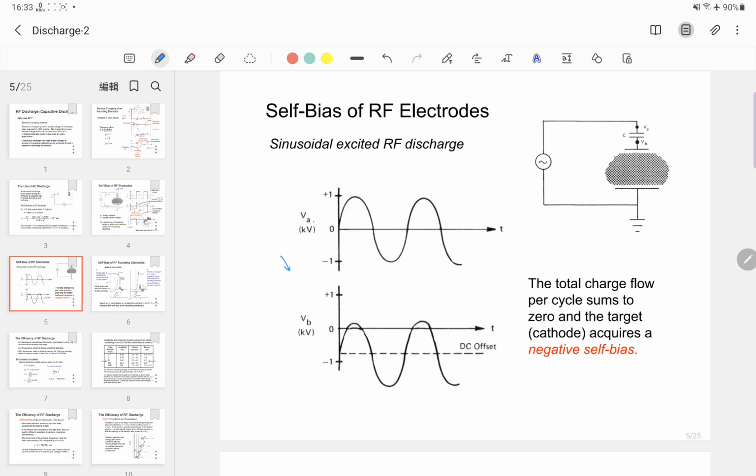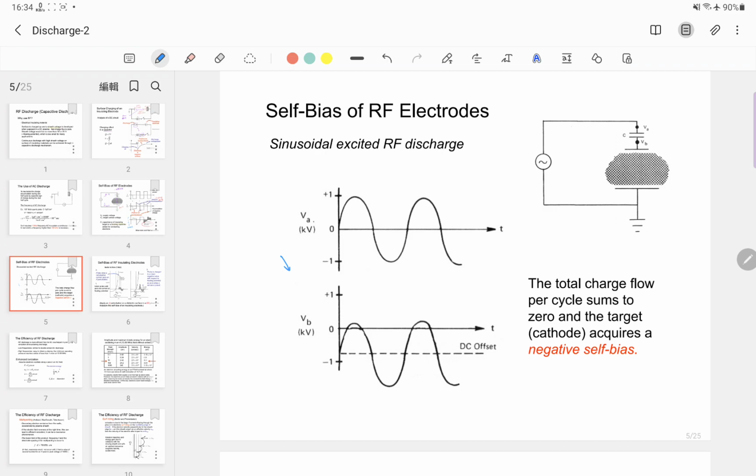In the first slide here, if we use DC plasma and place a piece of insulating material inside the DC plasma, the surface will be charged to a floating potential, negatively charged. And usually the floating potential is only a few tenths of a volt.